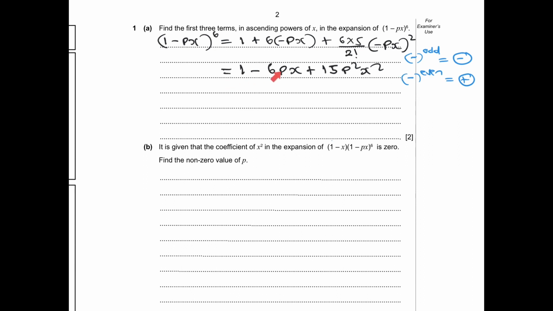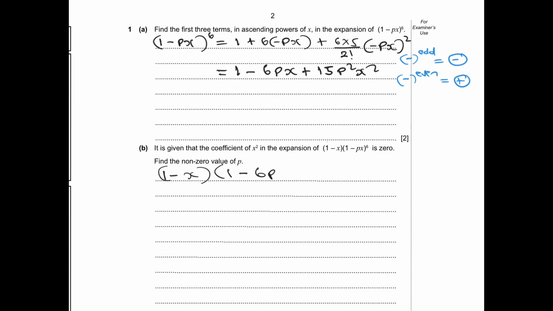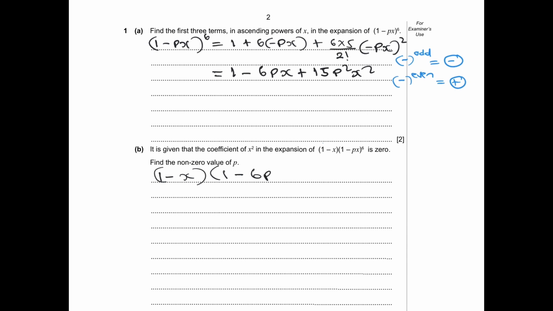So if we are going to expand this with that, what will be the coefficient of x squared? (1 minus px) to the power of 6 is represented by 1 minus 6px plus 15p squared x squared. In this expansion, we are only interested in the terms that multiply to give x squared.